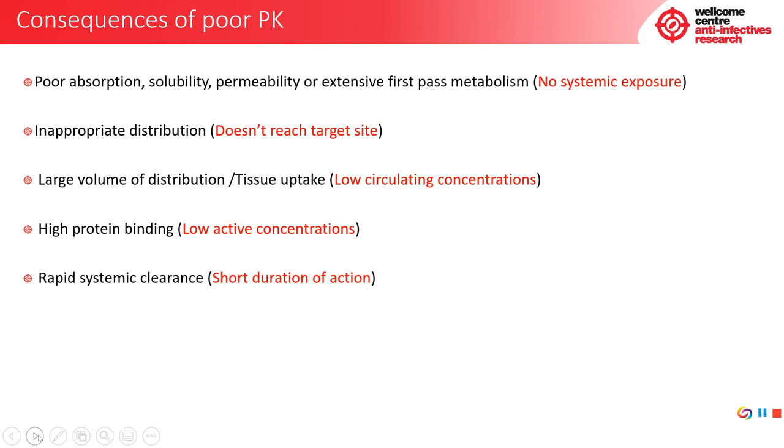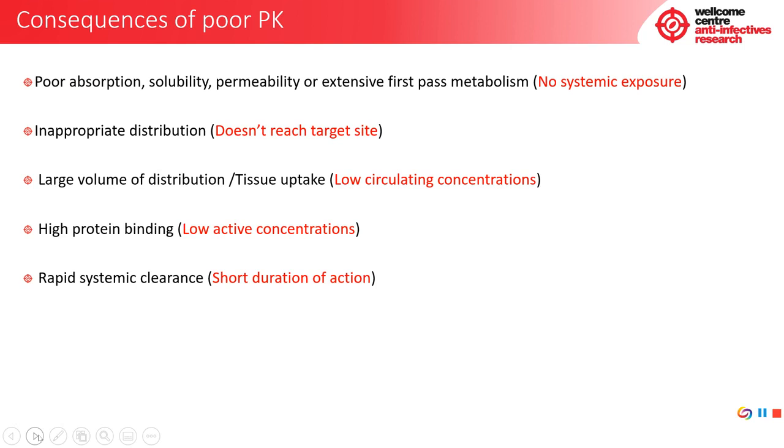These are the consequences of poor PK. We can have poor absorption, poor solubility, permeability, or extensive first-pass metabolism, and if this happens, there will be no systemic exposure. When we have inappropriate distribution, the drug might not reach the target site.